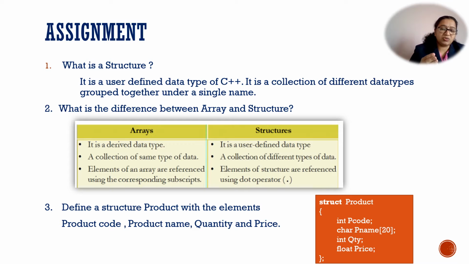So I chose the shortcut method, pcode, that is enough. Then product name, I put pname. Then quantity means the number of stocks, so int qty I put in short form. Then price, it's a float value, so I put float price. And brace close, semicolon. Semicolon is compulsory, it is in the syntax, so don't forget that.